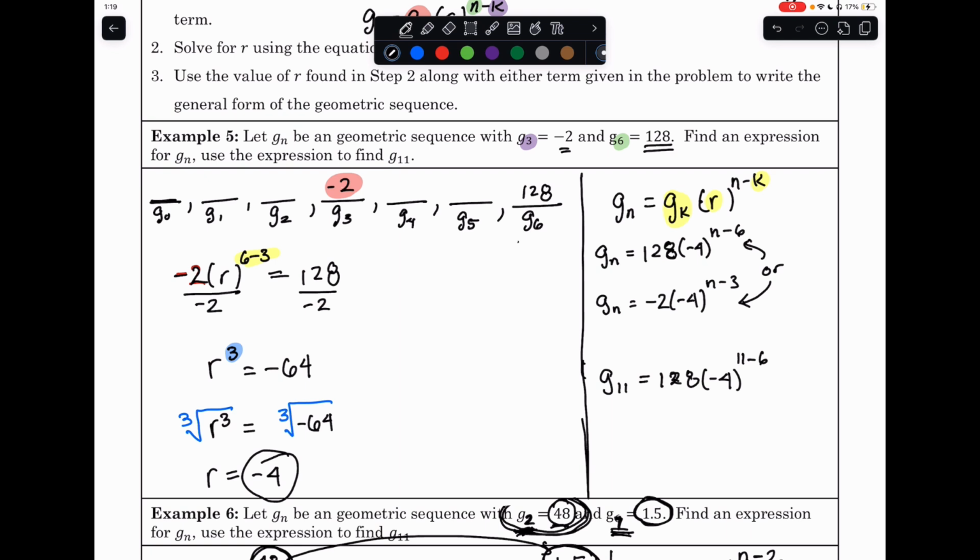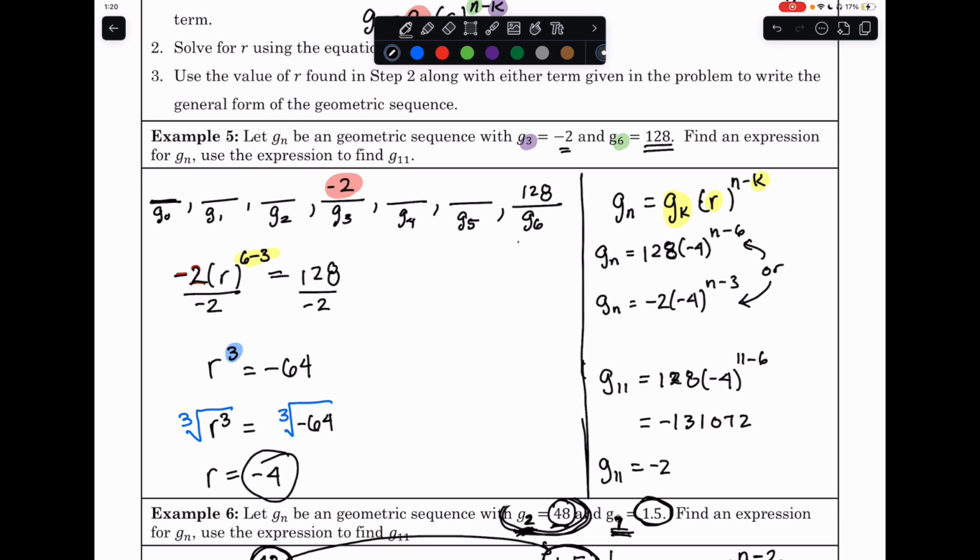Which again, with the use of our handy dandy calculator, 11 minus 6 is 5, so negative 4 to the 5th power times 128. That ends up equaling a total of negative 131,072.